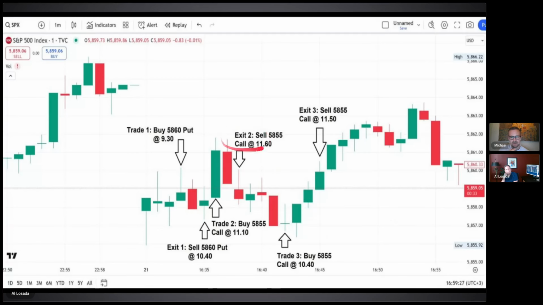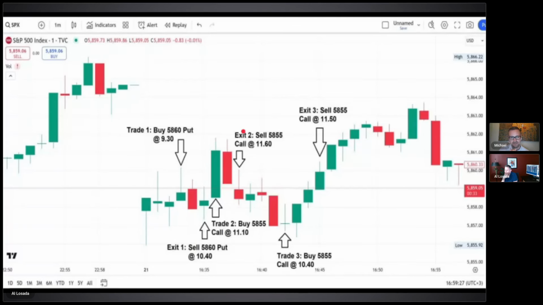Okay, I guess what you're asking is, first we were in a put, the 5860 put. This is trade 1, and why would I then decide to go into this call in trade 2? In this area, you could see on the minute chart, the first 5 minute bars always bounced off this level at around 5858.